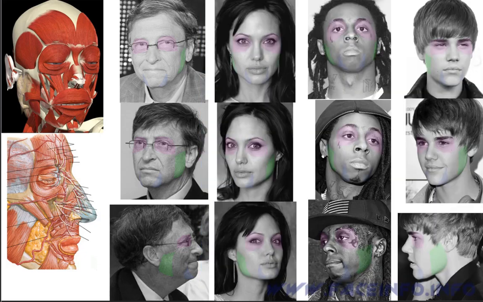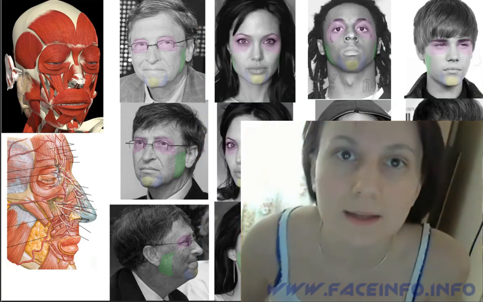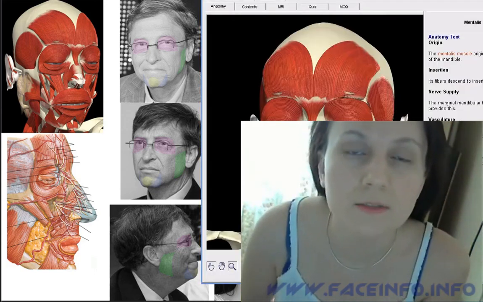So let's find mentalis on all of the pictures. It's yellow. The next works like this. The skin of the chin is lifted up.